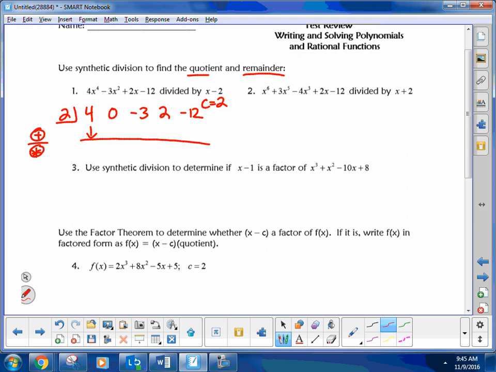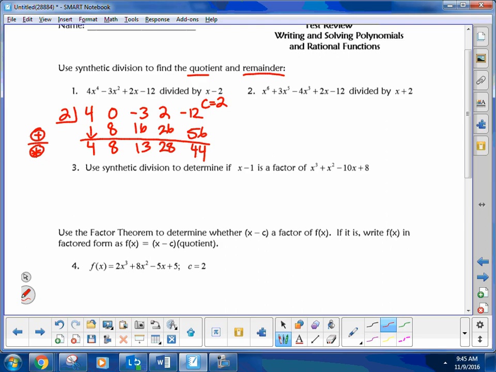When I bring down the 4, we multiply by 2 to get 8. 2 times 8 is going to be 16. 13, 2 times 13 is 26. 28. 2 times 28 comes out being 56. And when I add that to negative 12, I get the solution of 44.